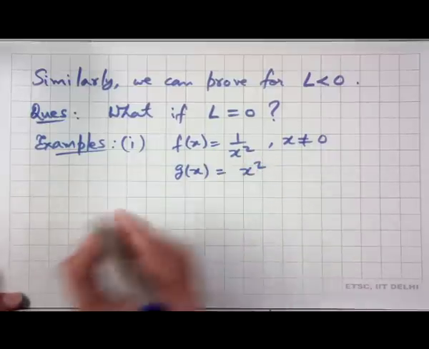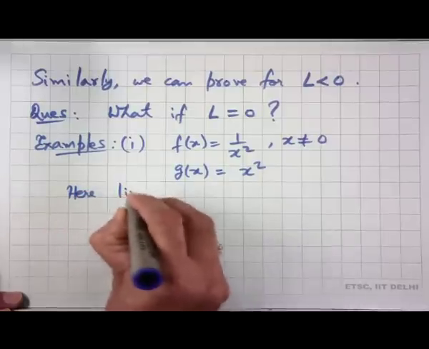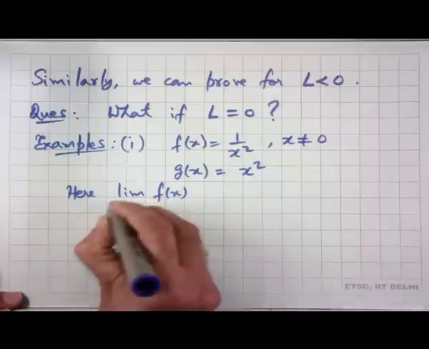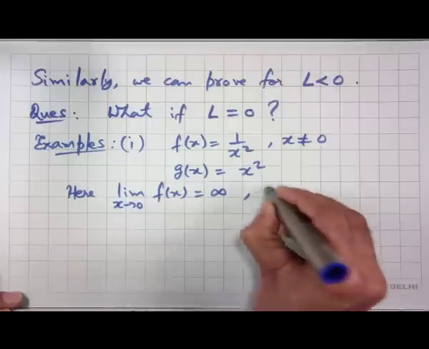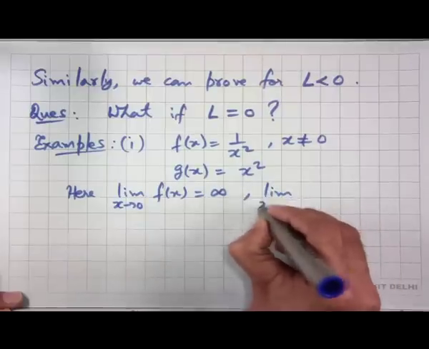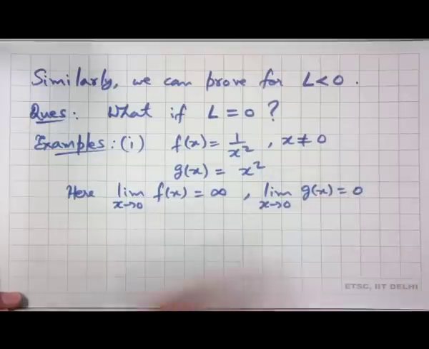In this case, the limit of f of x at 0 is infinity, and the limit of g of x is equal to 0.